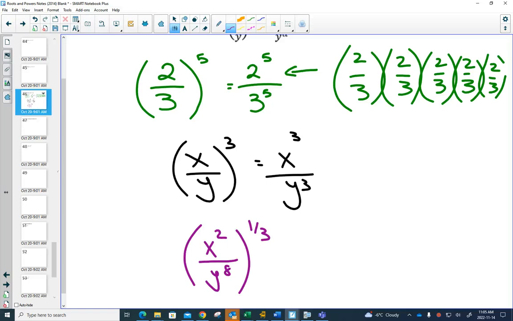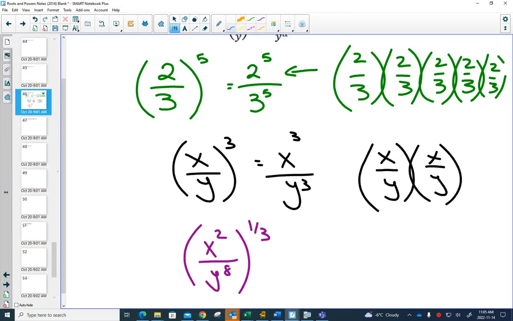Our exponent rule makes sense when we think about numbers. It makes sense when the numbers are whole, even with variables, because this would be x over y times x over y times x over y, 3 times, because that's what an exponent of 3 means. And then you would have x cubed on top, y cubed on the bottom. But the reason we need to know the rule that the exponent goes to each thing is because as soon as you get to fractions, we can't visualize it anymore.